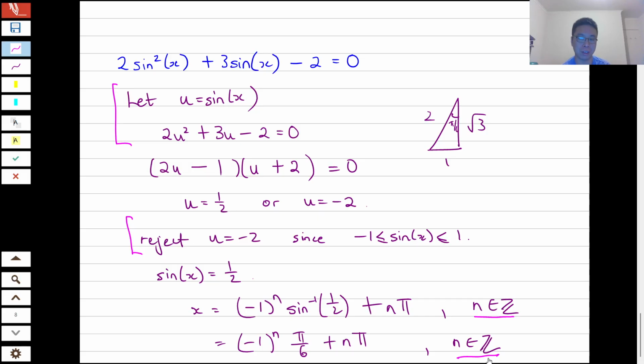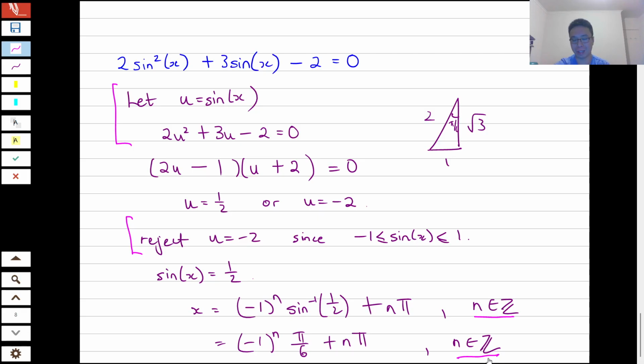N is an integer, because I'm allowed to go forwards or backwards by multiples of 2 pi. Please also do not say that n is a real number, because that would mean x is a real number. No, n is an integer. You are counting forwards or backwards by integer multiples of 2 pi.